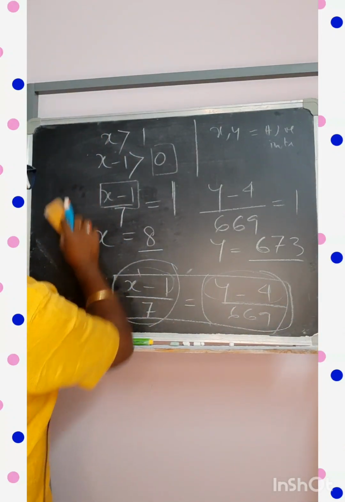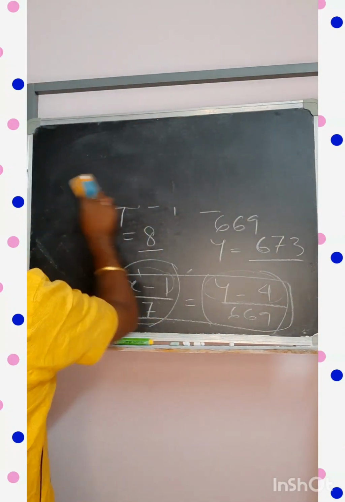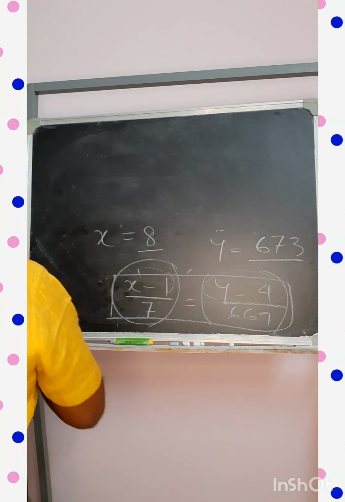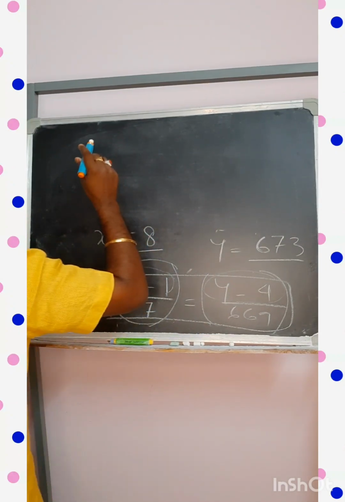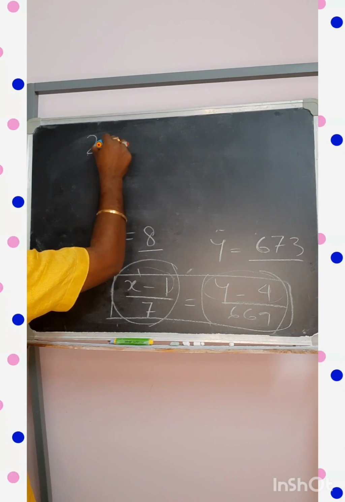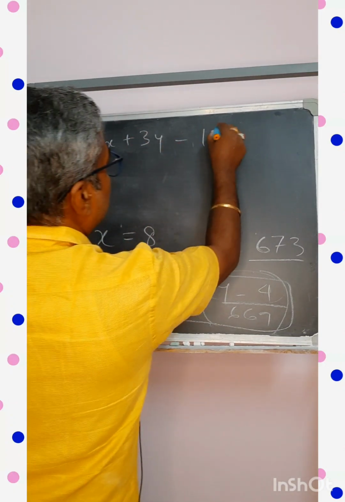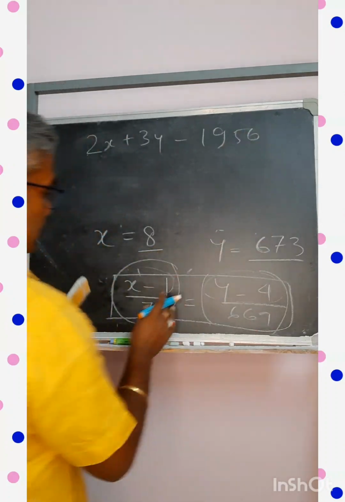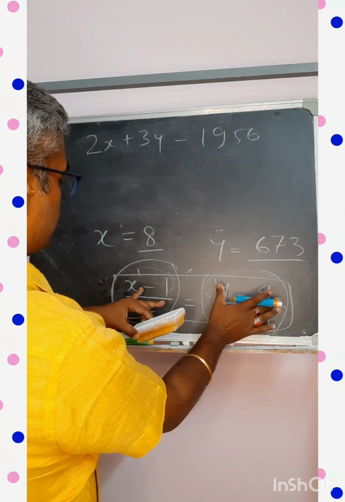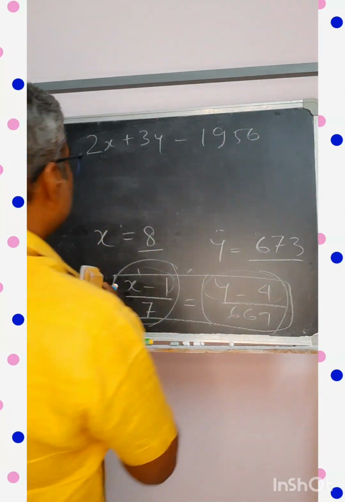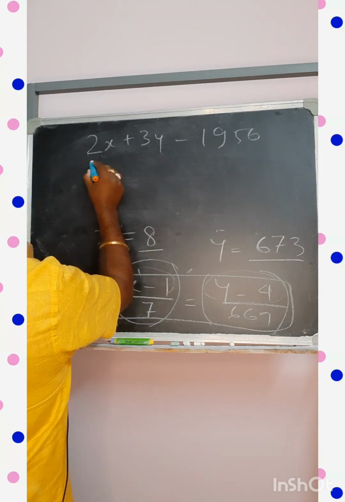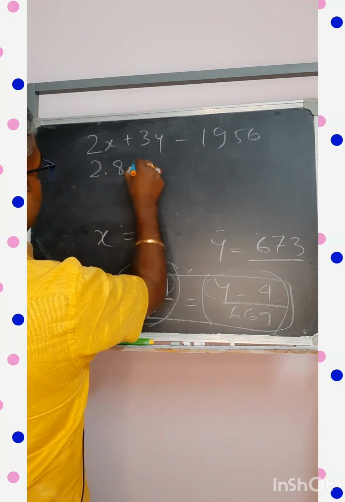Now we have to find the value of 2x plus 3y minus 1950. It is very easy. Up to this is the conceptual part. Now we put the values of x and y in the equation and you will get it easily.